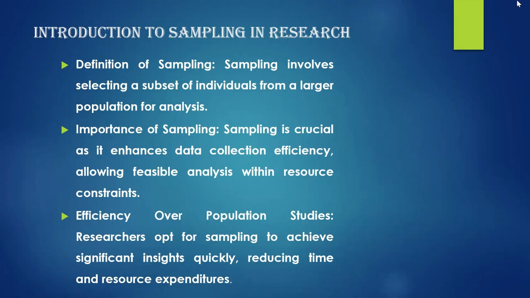Sampling is the process of selecting a portion of the population to represent the entire group. The objective is to obtain information about the population by studying a representative group, ensuring that the findings can be generalized to the larger population.